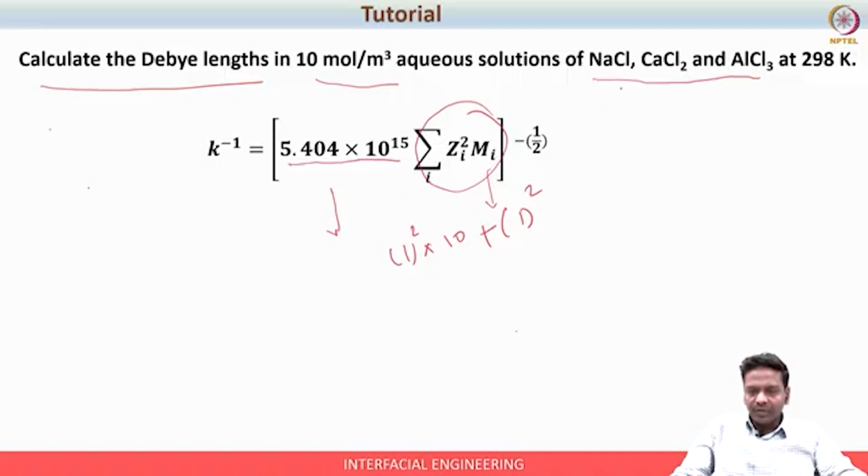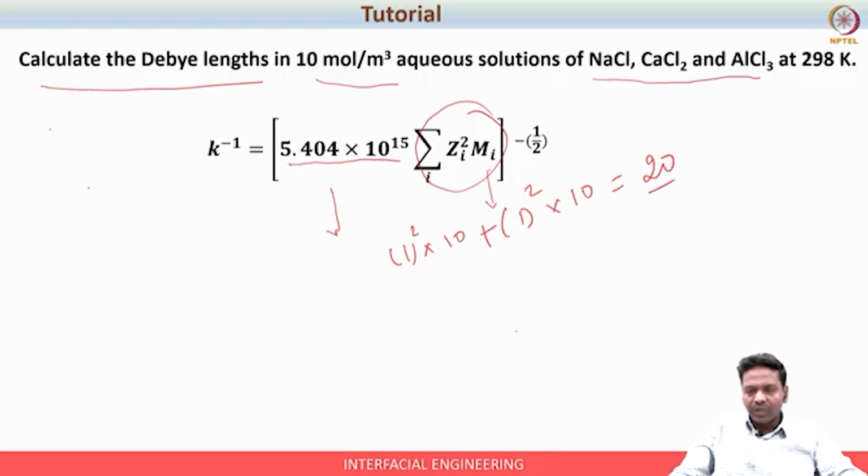Even if you take minus 1 square, it will be plus 1 only. No need to worry about any sign over here. So 1 square multiplied by Mi is again 10. So eventually you will get 20.